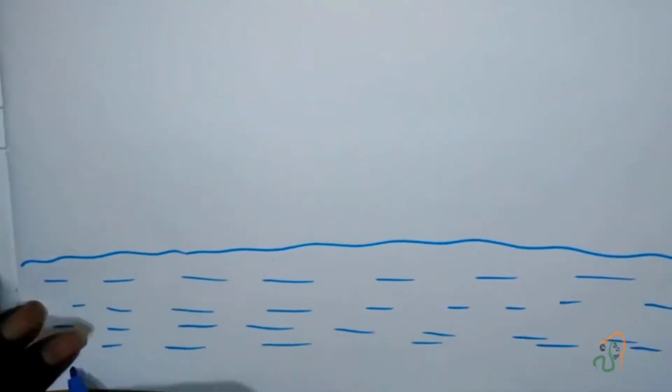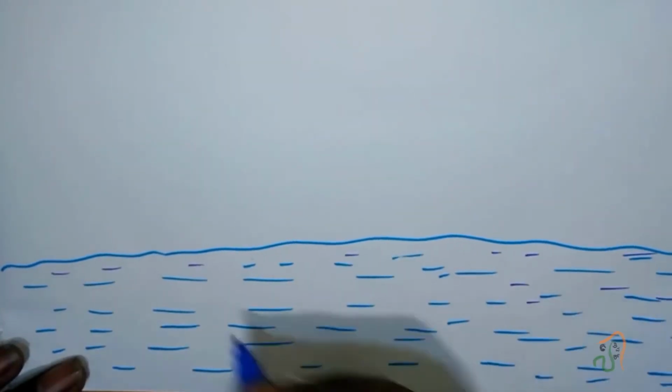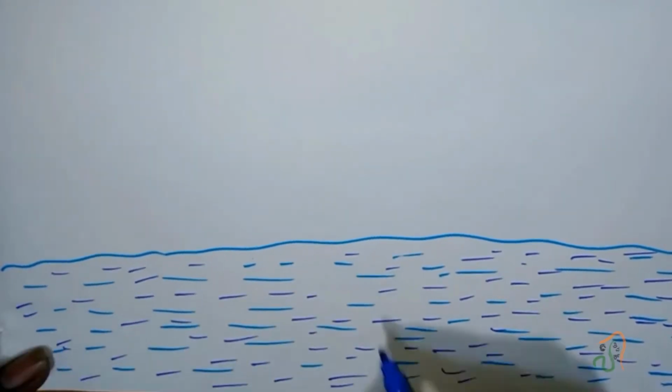Now you can see the third image that we are drawing is a ship image.